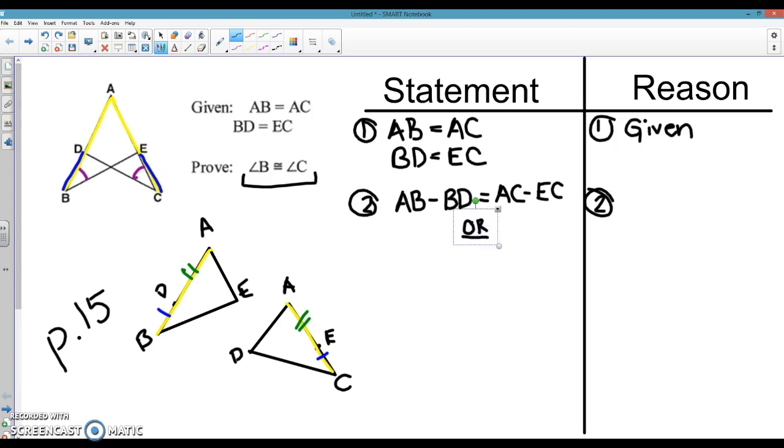And what we're trying to say is that those two green sections, the length of AD and the length of AE are equal in measure. And the reason why we can say this is because of the subtraction postulate.